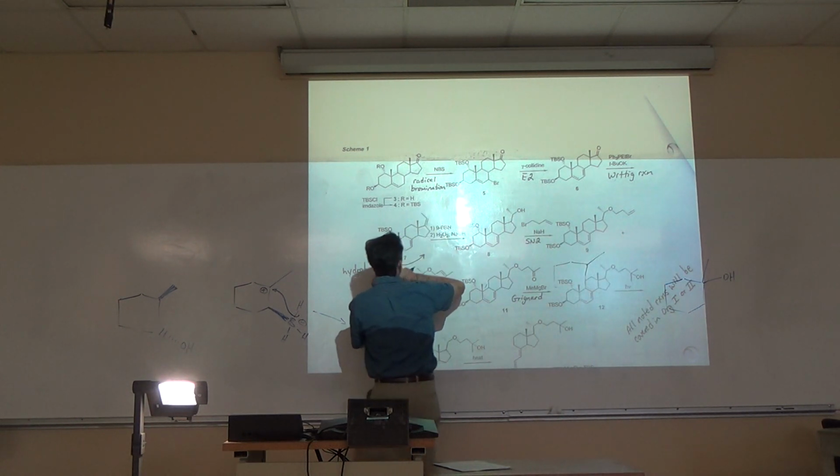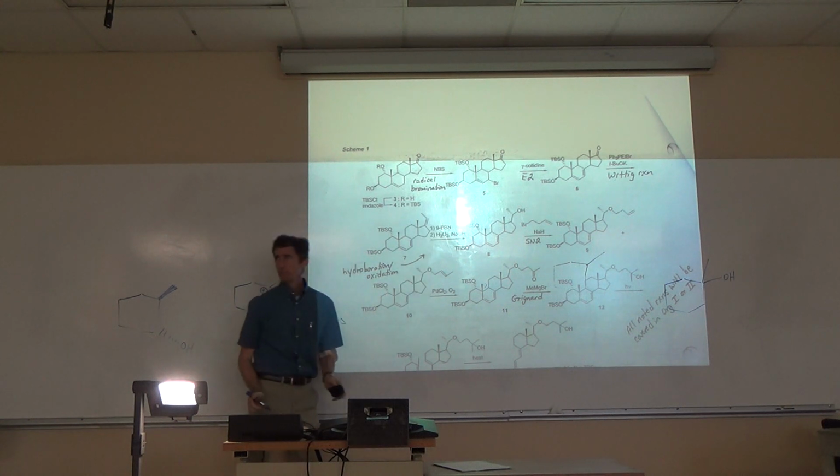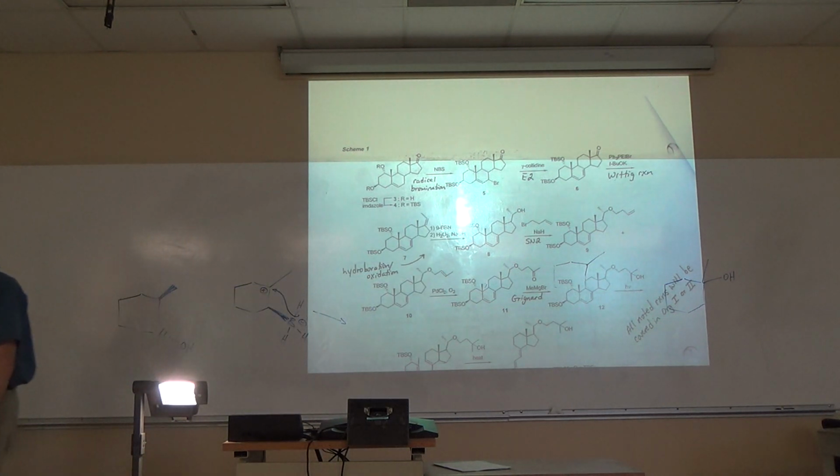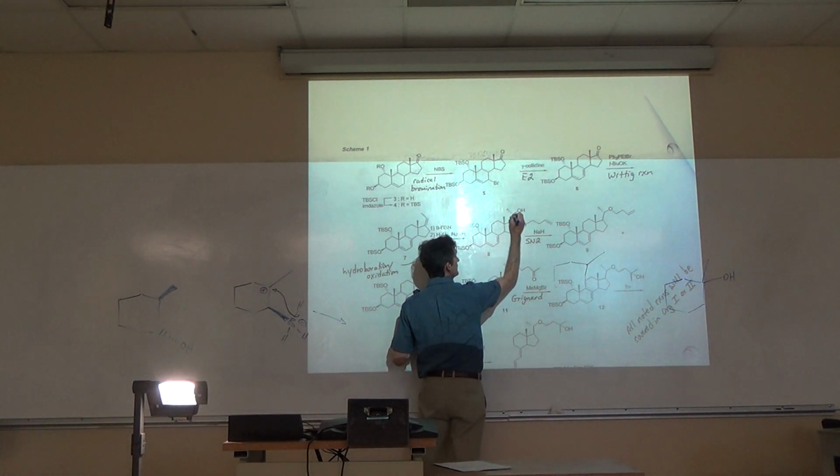Let's look at this. If you were doing this reaction, would you make cation on top or bottom? Bottom, correct? So which carbon do you think the OH is going to end up on? The top. Anti-Markovnikov. Is that where it ended up? Yes. Now this carbon is chiral.